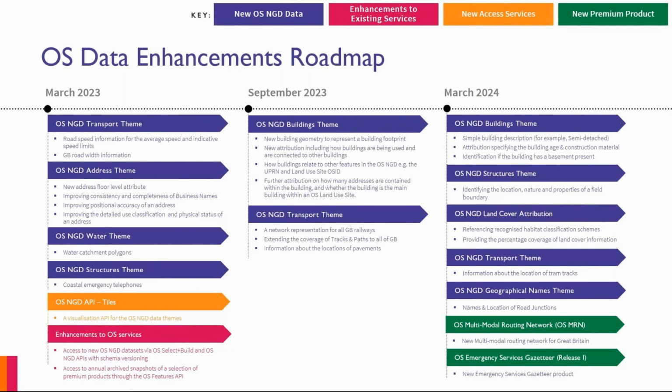So these enhancements are coming forward throughout 2024 and potentially into next year as well. And some of the enhancements I've just talked about were already released last year in 2023. So lots has been released, lots more still to come moving forwards as well.